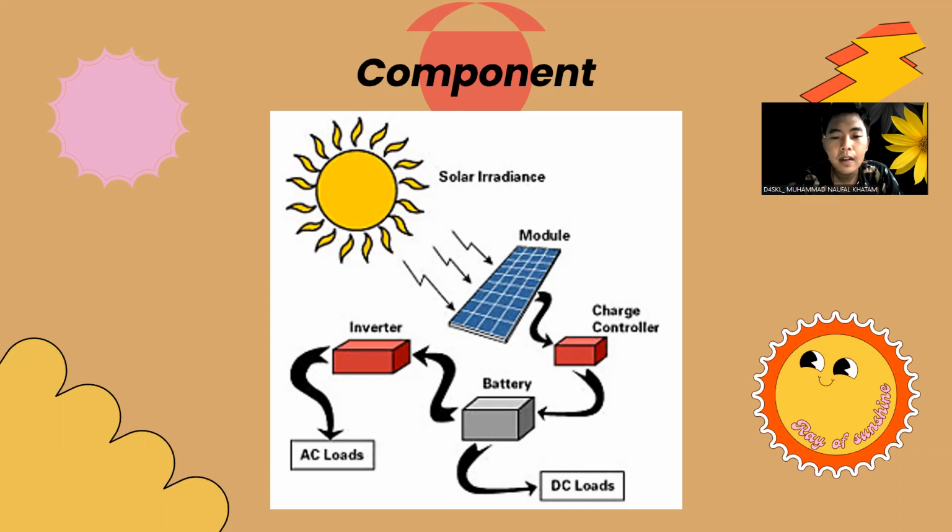This solar cell can produce an unlimited amount of electrical energy directly taken from the sun without any rotating parts and does not require fuel. So solar systems are often said to be clean and environmentally friendly.